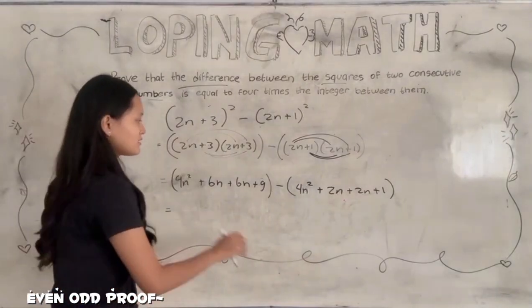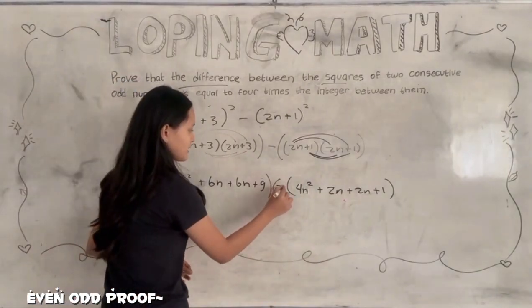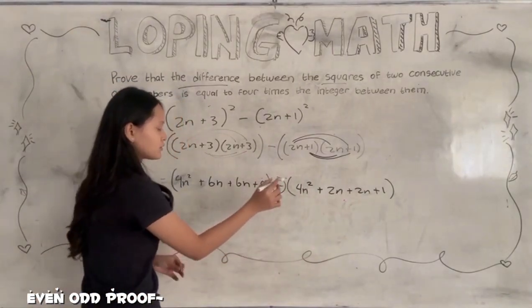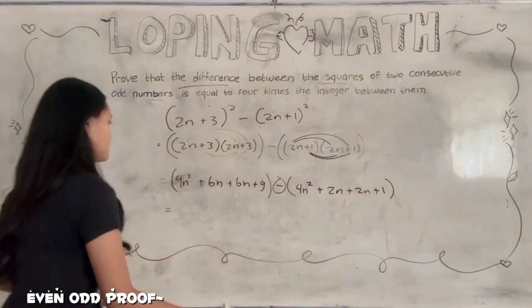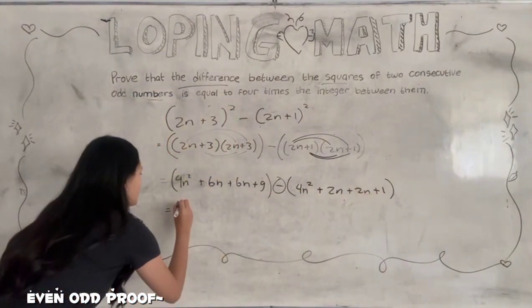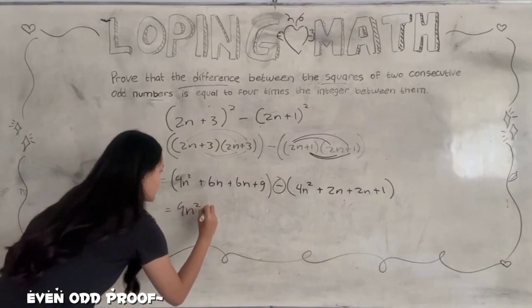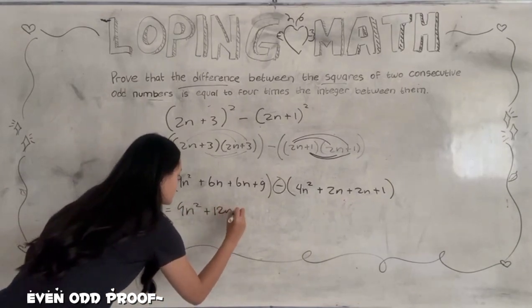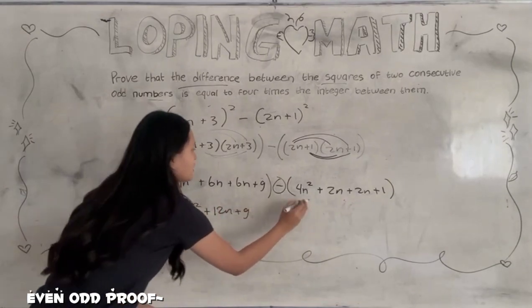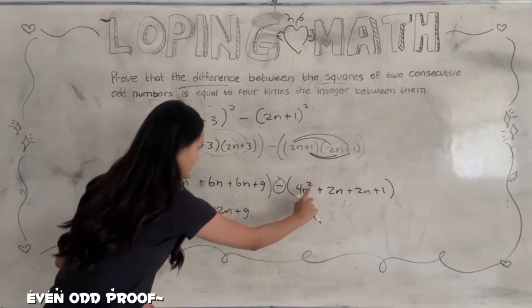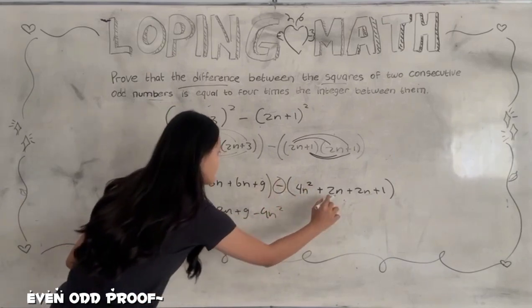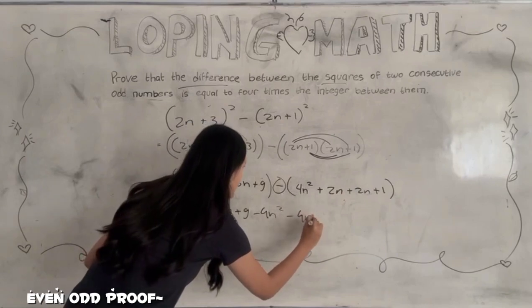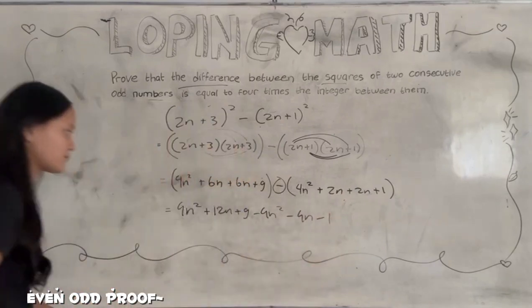Okay, and then since there's a minus here, we have to multiply each of these numbers with the minus. So 4n squared plus 12n plus 9, 4n squared times minus, which makes minus 4n squared, minus 4n minus 1.